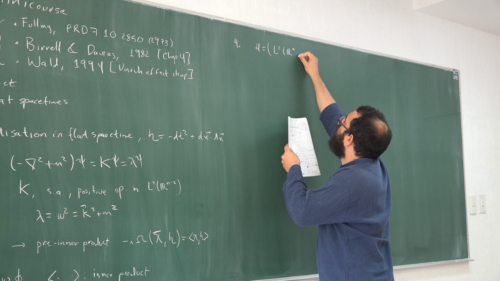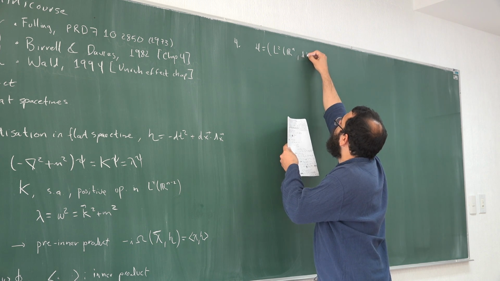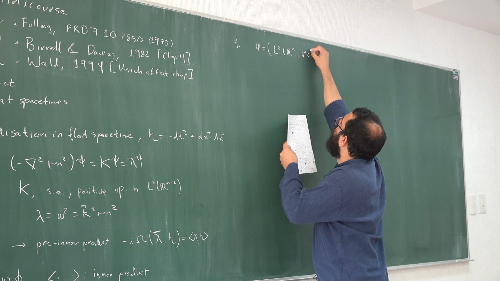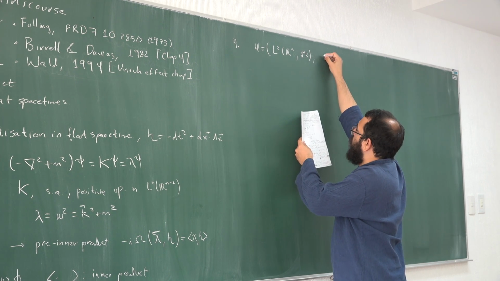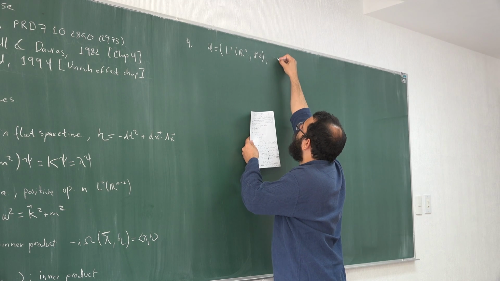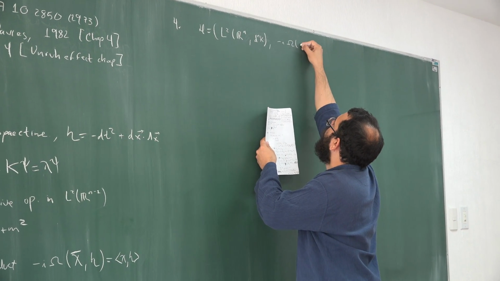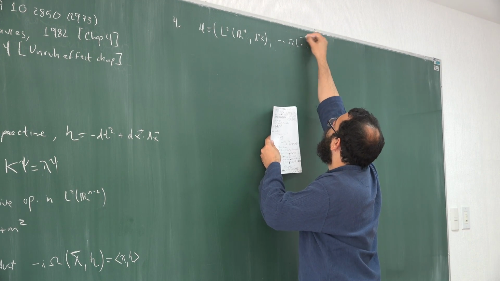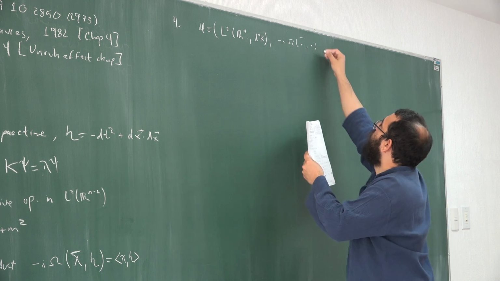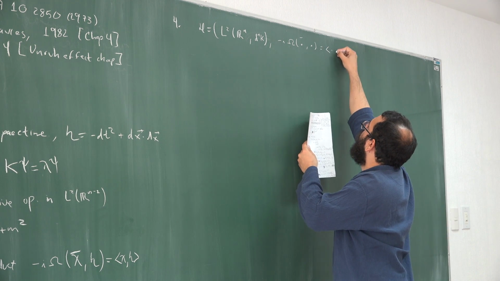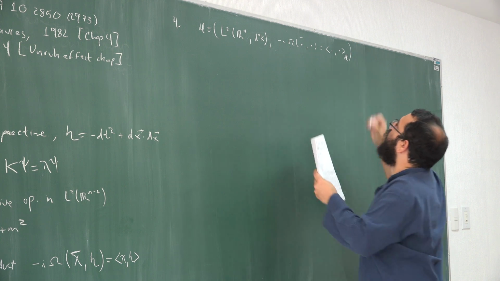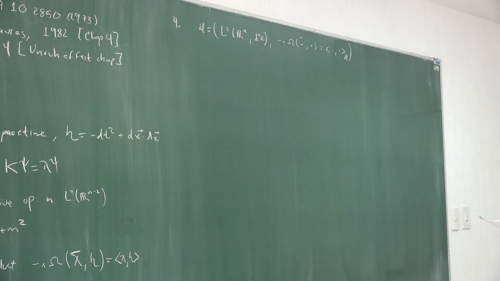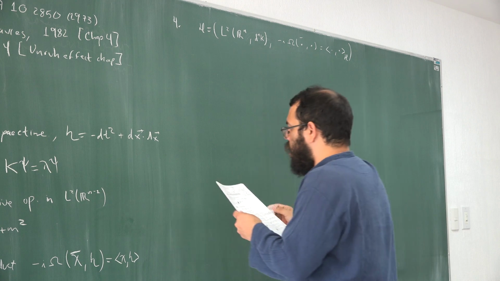Let's use dnk as a measure, and it has an inner product given by minus i, okay, which we're going to call the inner product, right? Okay. So that's our Hilbert space.